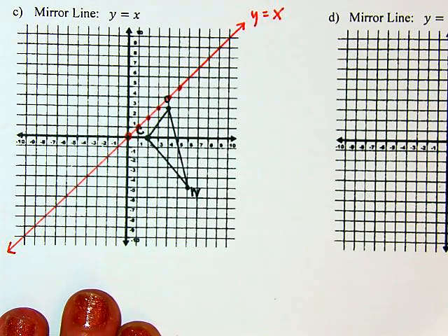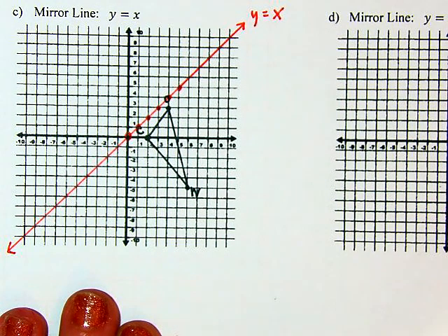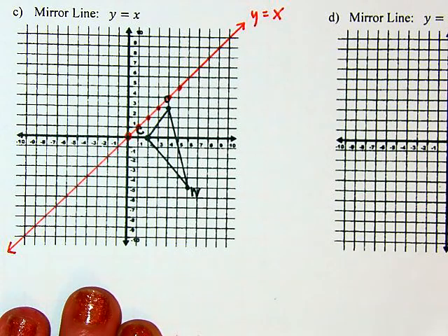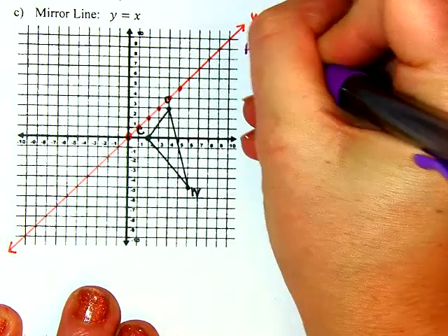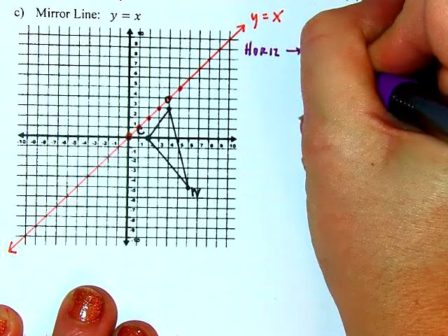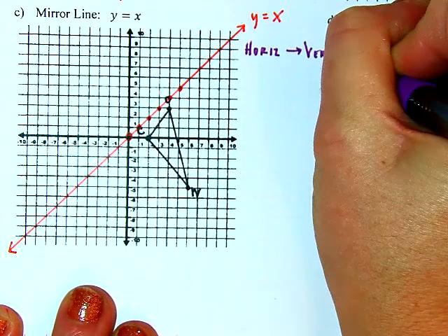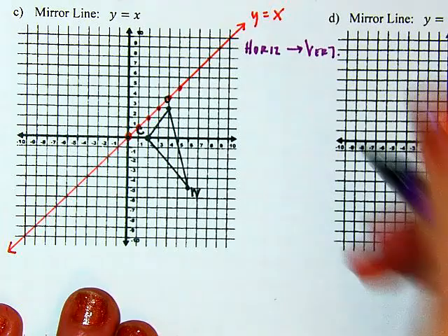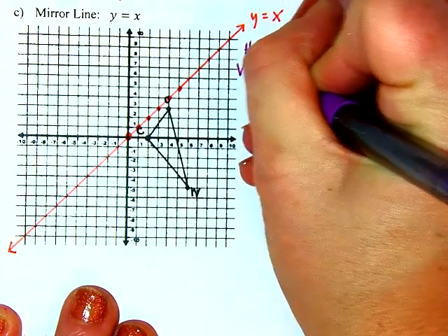So whatever I'm going vertical, I need to do horizontal for the other one and vice versa. So horizontal needs to convert to vertical when you're going across the line. Let me write that. So horizontal to vertical or vertical to horizontal.